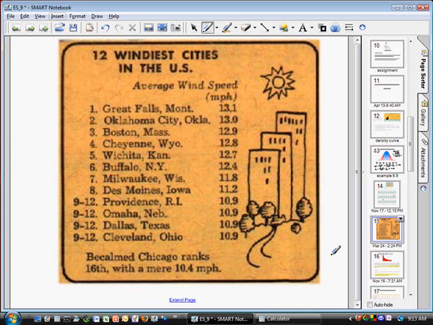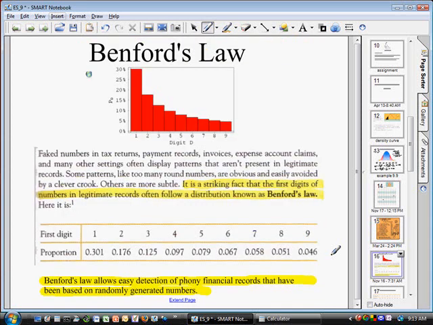But that just doesn't sound right? Notice we made the list too, Milwaukee. So even we are a windier city than Chicago. Anyway, I thought that was kind of interesting. I don't know when this was taken. Maybe it needs to be updated. Anyway, just kind of a little entertainment fact.